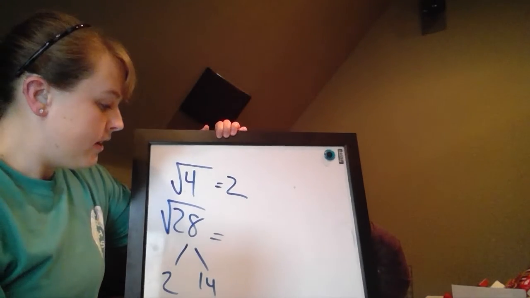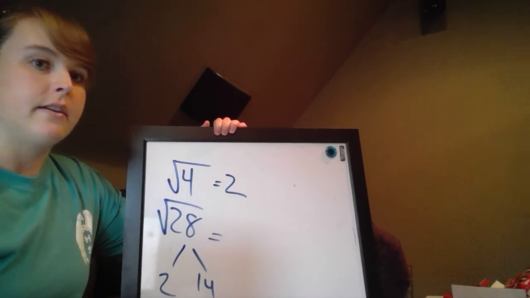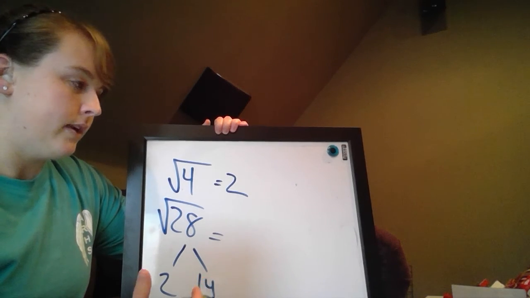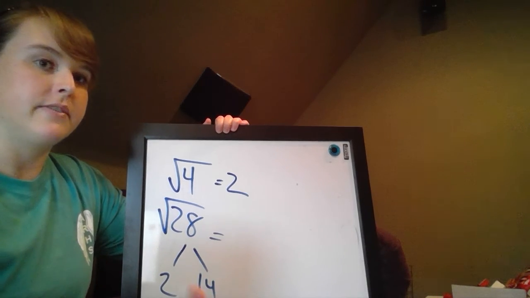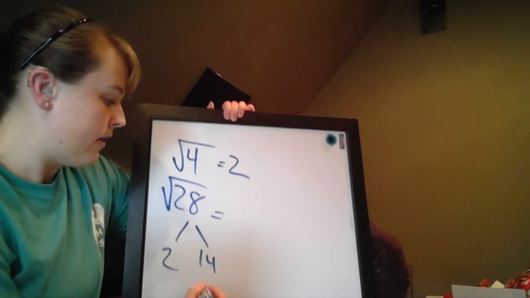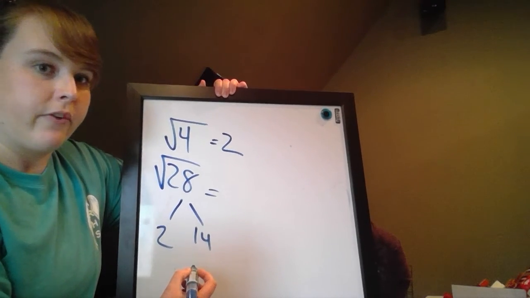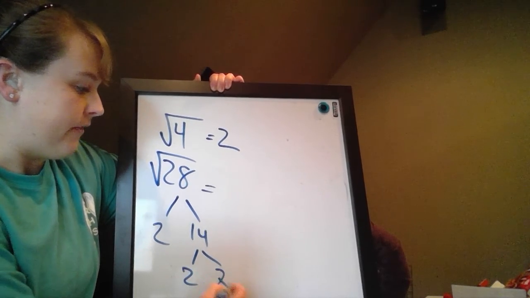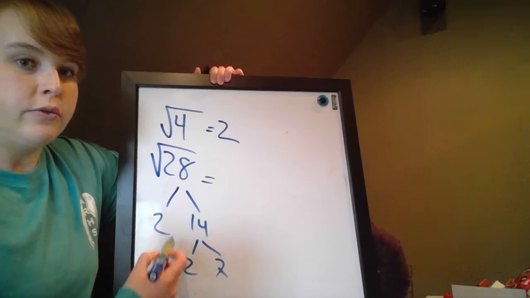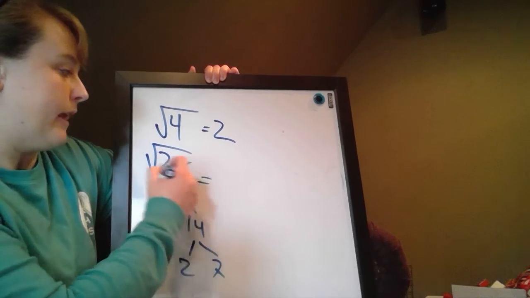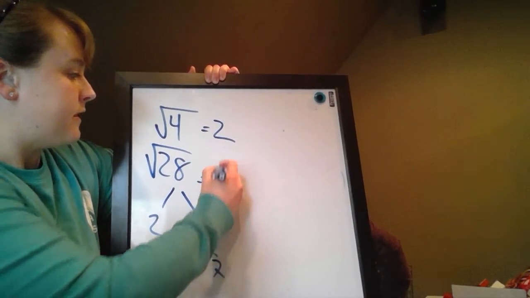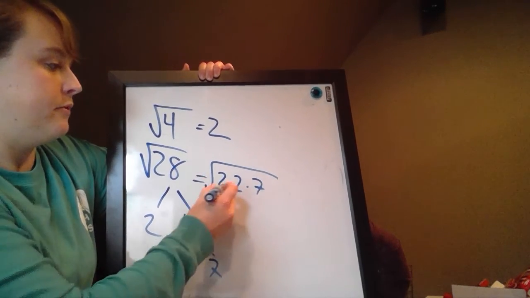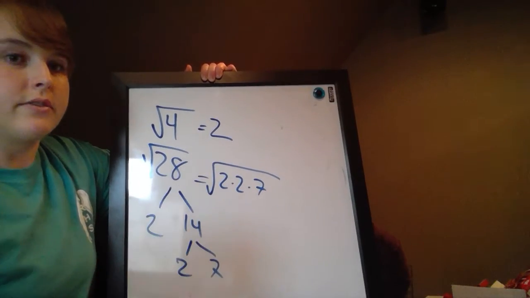Remember, prime is what you call a number when only one and that number are its factors. So if I break this down further, 14 breaks down into 2 times 7. So 2 times 2 times 7 gives me 28 still. So this is the same thing as saying the square root of 2 times 2 times 7.